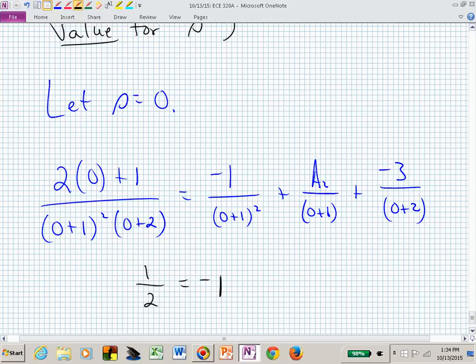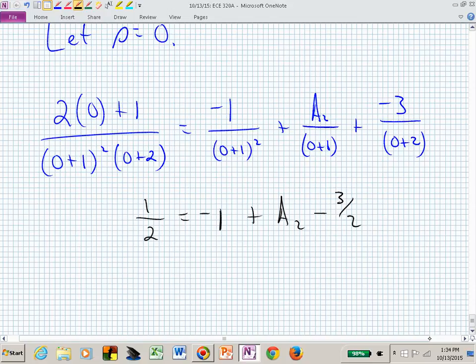I have minus 1, I have a plus a sub 2, and I have a minus 3 halves. I have one equation and the one unknown, a sub 2. A sub 2 becomes 3.